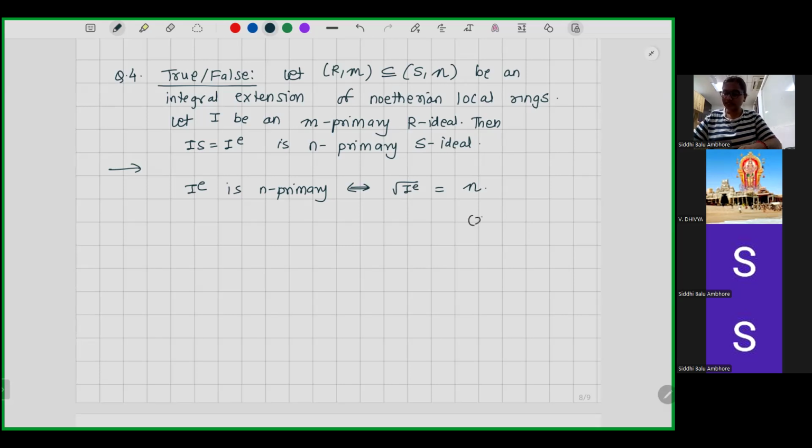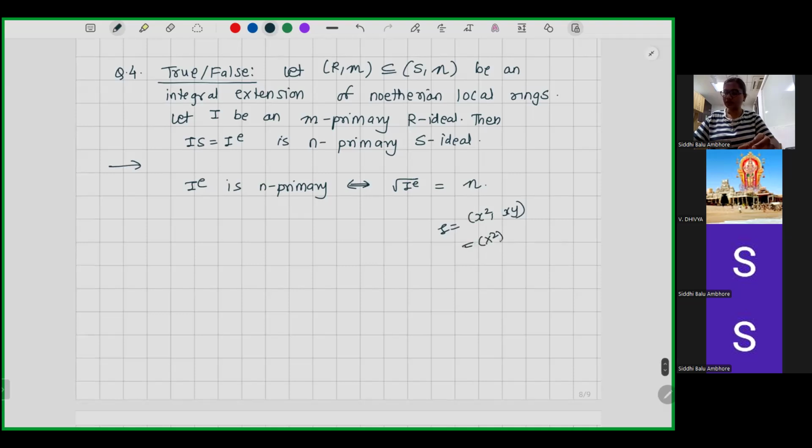Look at this ideal itself, (xy). Okay, this ideal I is also (x,y)-primary, right? Because it's x square intersection (x, y)... sorry, x intersection (x square, y).